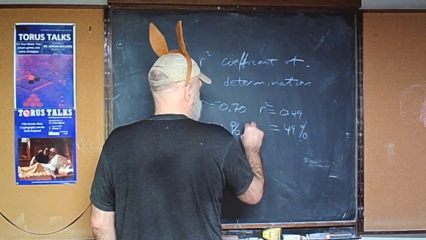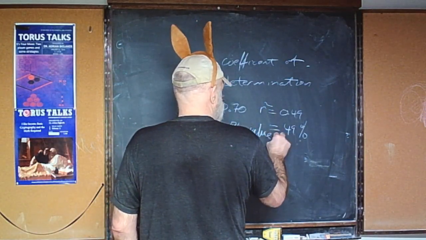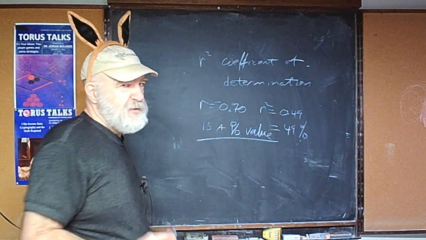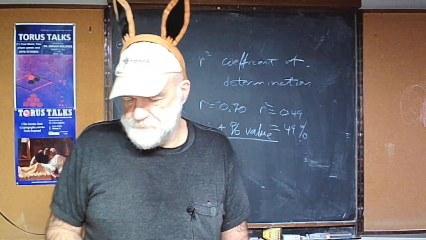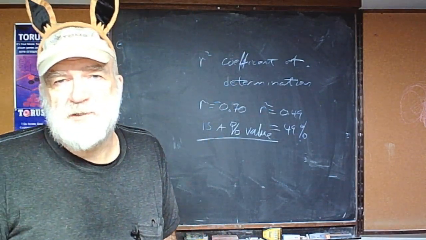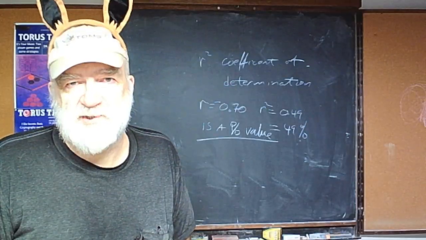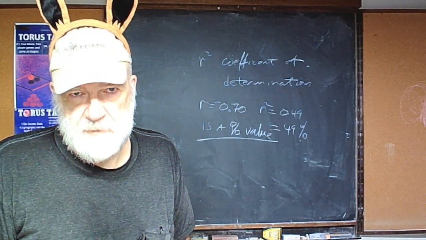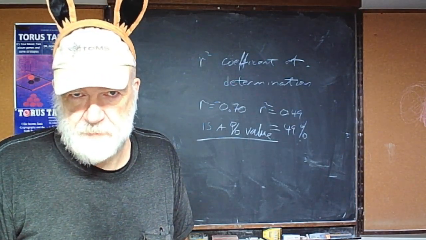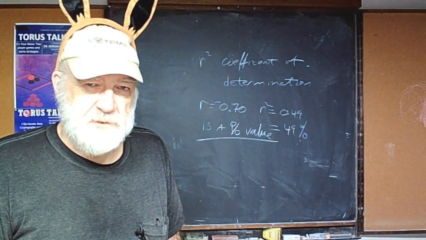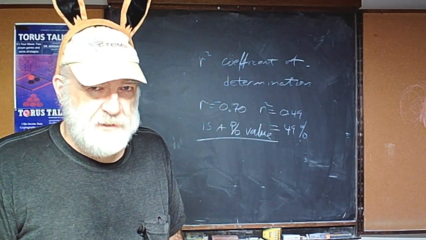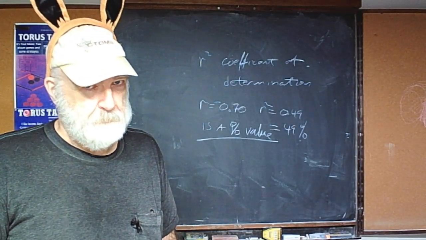Now, that's not its definition, though. The definition is the thing you're going to be tested on. The definition of r squared is the percentage of variability in the dependent variable that's explained by your choice of the explanatory variable. That's it.